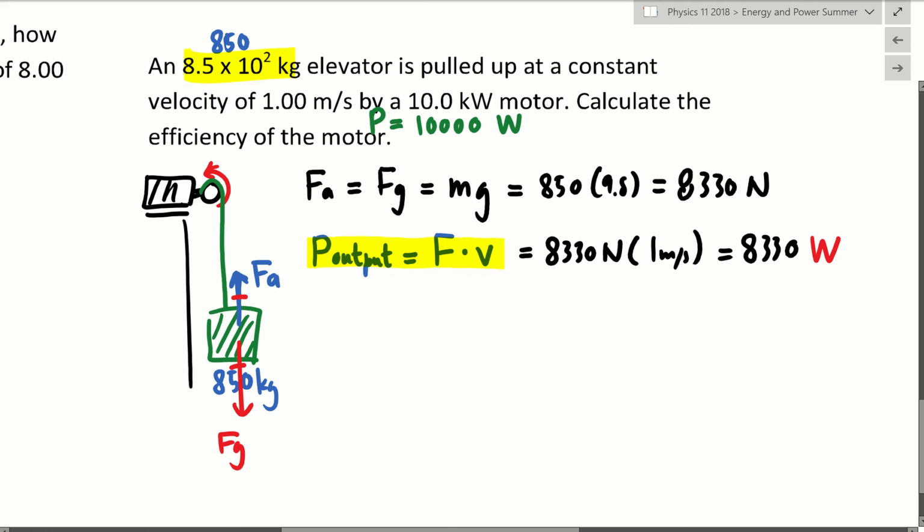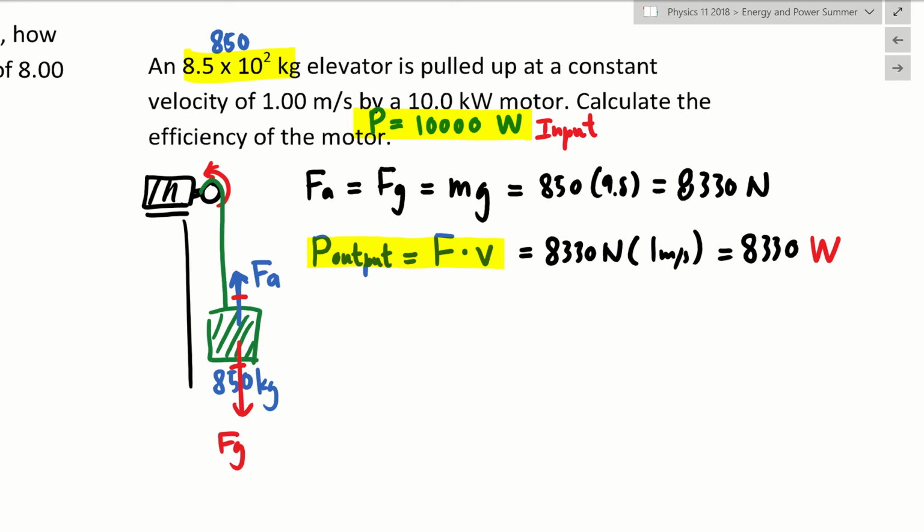How much is the power input? Well, the question already gave you the power input. It's right here, 10,000. That's how much power the electrical motor actually needs in order to function. So that's called power input. And the power output is what the motor can actually do for you, which is lifting up this elevator. It's 8,330 watts.